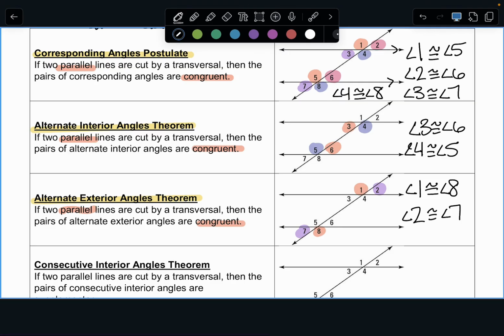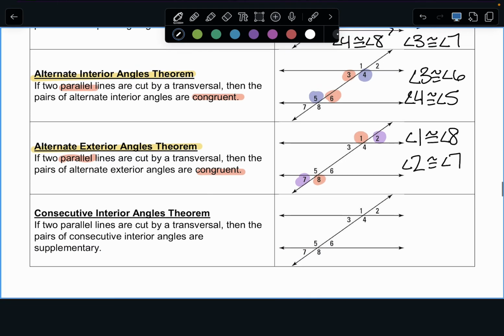The only weird one is consecutive. Consecutive interior angles or exterior are not congruent, they are supplementary. This is the weird one. This is the one that you'll have to memorize. Okay, perfect. So 1 and 7, yeah, those are exterior.